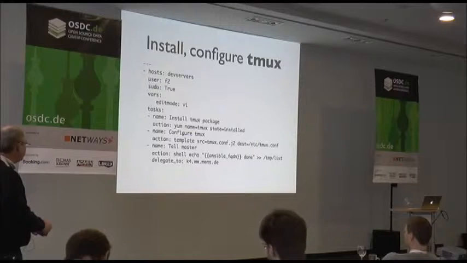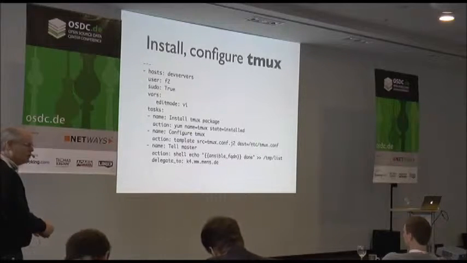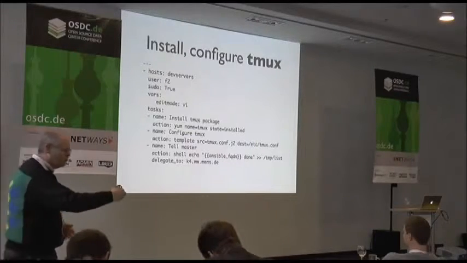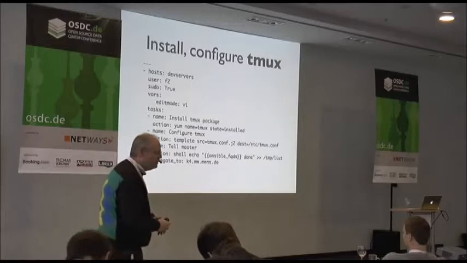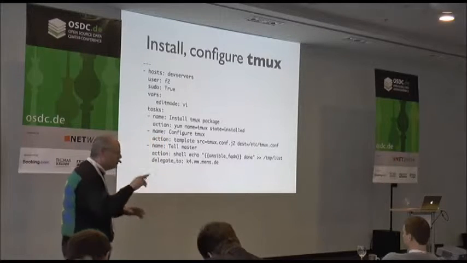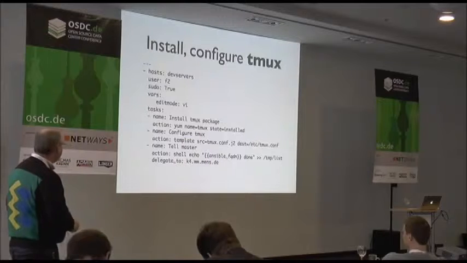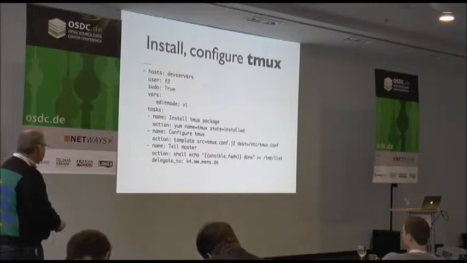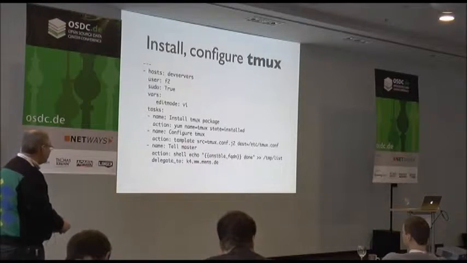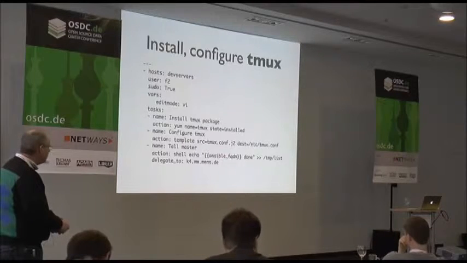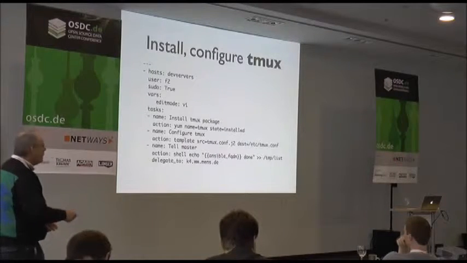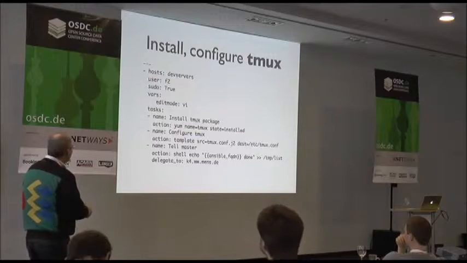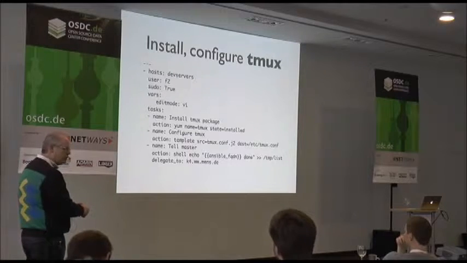And here we have another action which does a shell command. Shell is like the command module, but supports the use of shell meta characters, star and output redirection and so on. And here, this command is going to echo Ansible fqdn. That's one of those variables that came back from setup, and it's going to append it to /tmp/list. Now, this action will not be executed on one of the hosts we're targeting.